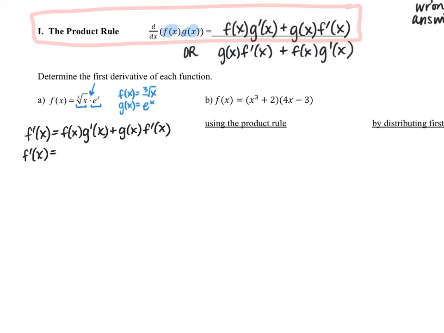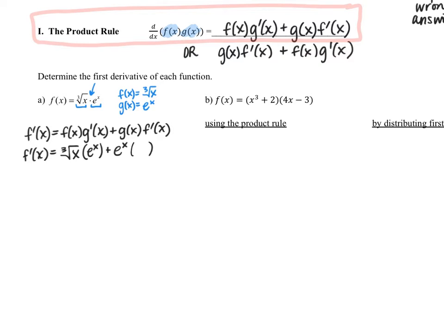So let's start with the first function, f of x, which was the cube root of x. And then we'll be multiplying that by g prime. Well, the derivative of e to the x is just e to the x, plus the second function, the g of x function, which is e to the x, times the derivative of f.